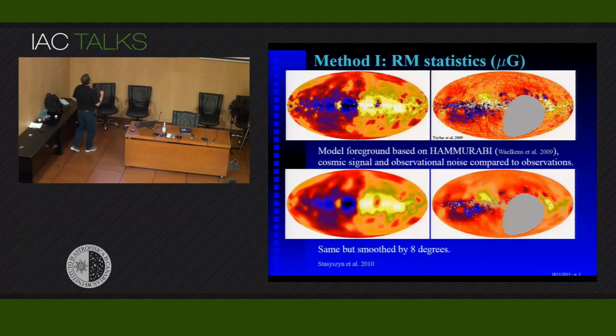In that case, we used it to produce rotation measure maps. So you have a model of the foreground. It's not perfect. As you can see, the difference between this foreground model and the data reflects our uncertainty in modeling the galactic magnetic field.